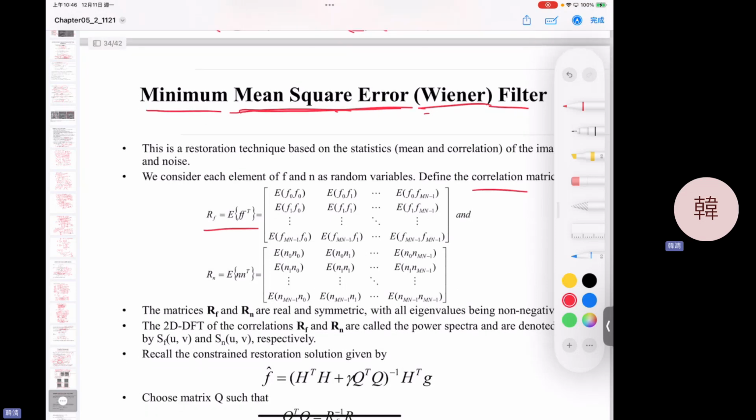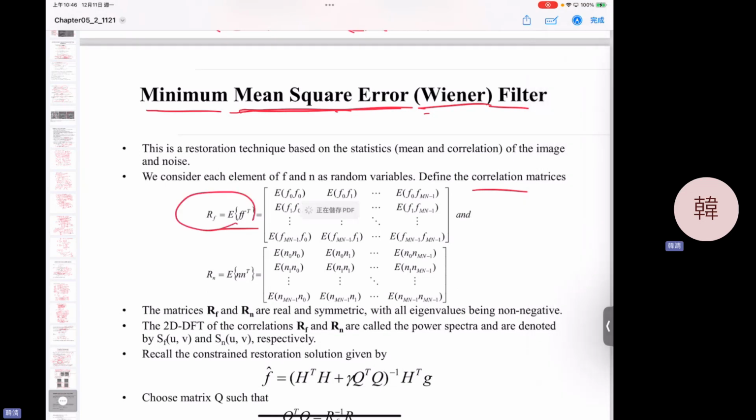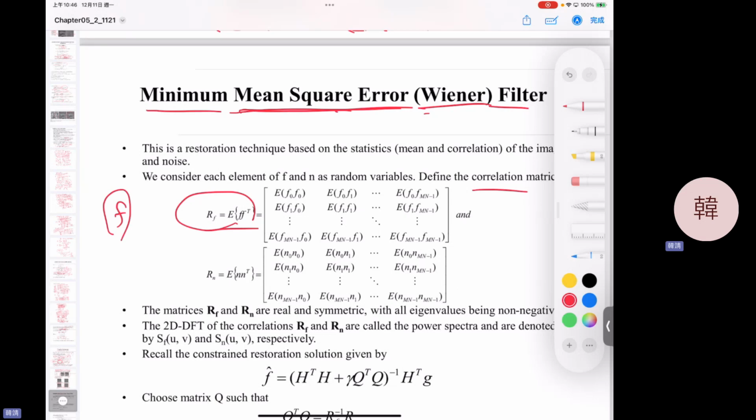So F is your original image, and we take the expectation of the F vector times F transpose. F is an image vector already, right? We transform the two-dimensional image into matrix vector format. We pile up all the column vectors into one very long column vector, times F transpose. It goes from a column vector times a row vector and becomes a two-dimensional image.